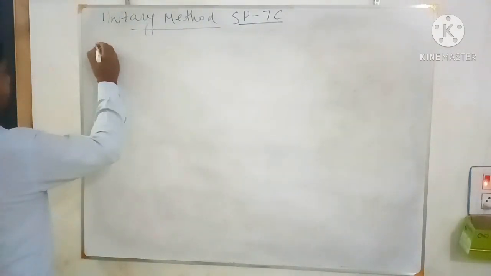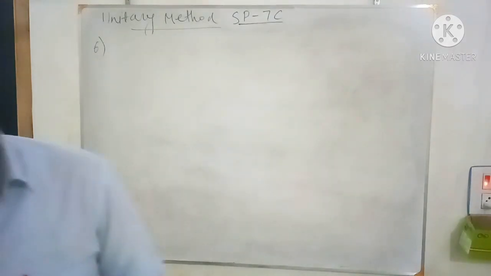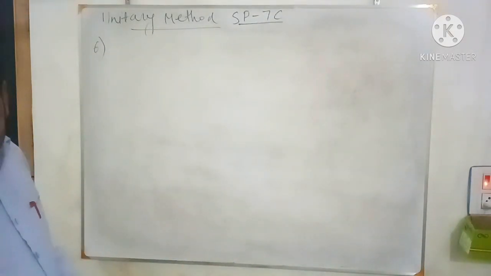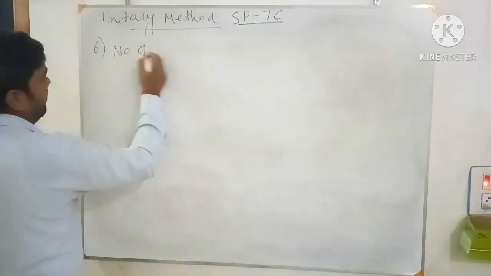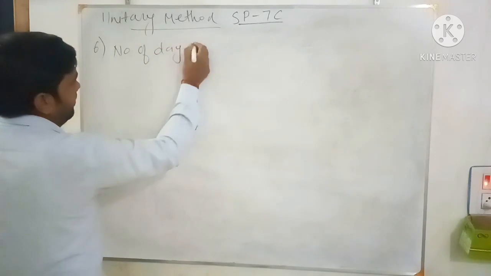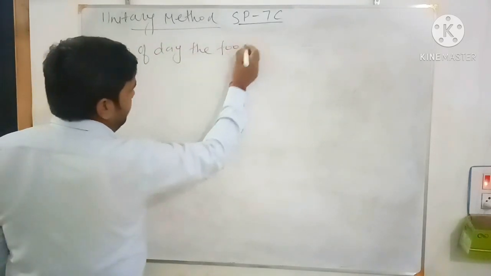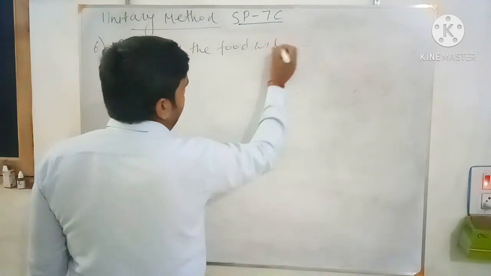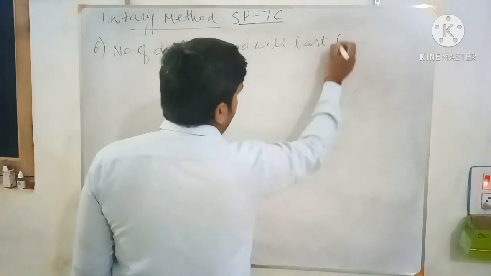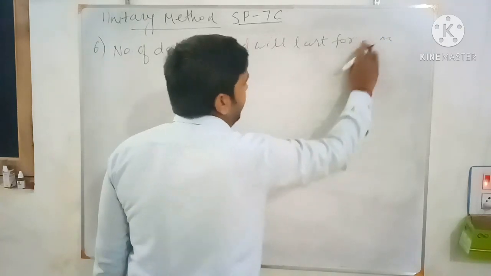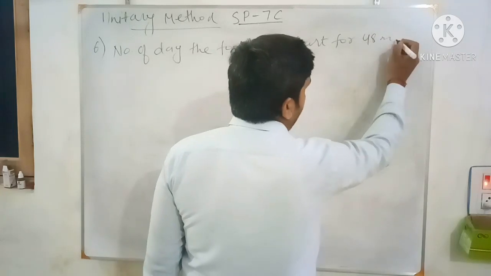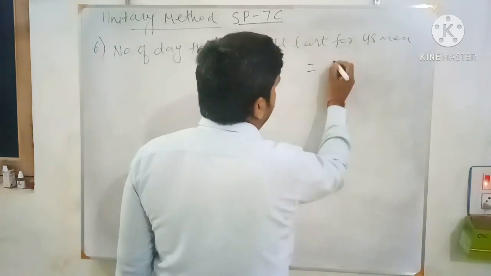So the question number 6. The number of days the food will last for 48 men equals 16 days.